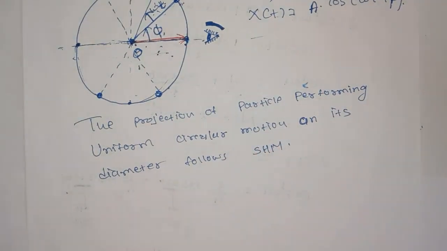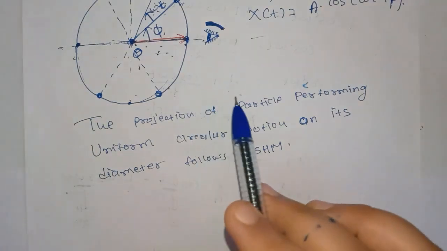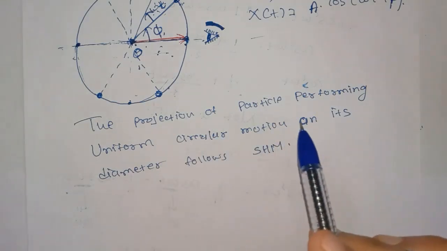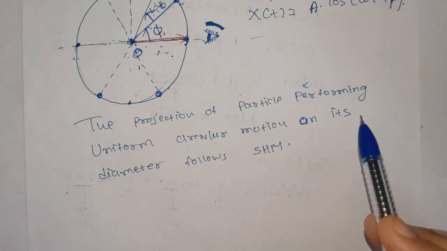So the particle is performing uniform circular motion, but its projection along the diameter will perform SHM. Remember, the particle is not performing SHM. The particle's motion is not SHM because it is not oscillatory motion.